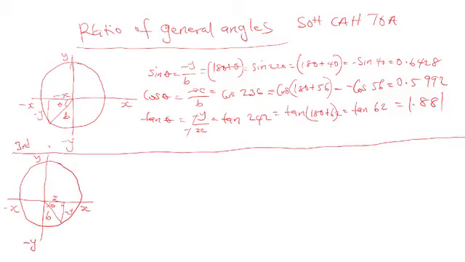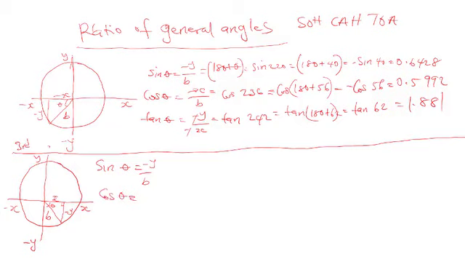Sine theta, sine is opposite over hypotenuse. The opposite is minus y over hypotenuse b. So sine is still negative at this point. Now we'll go to cos theta.